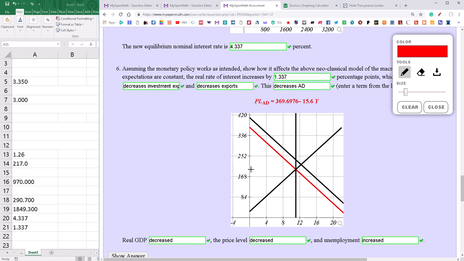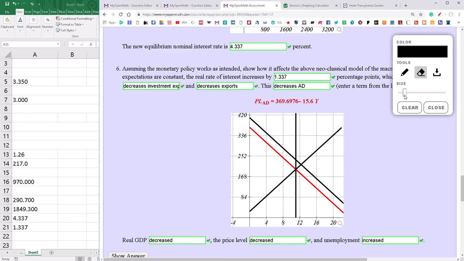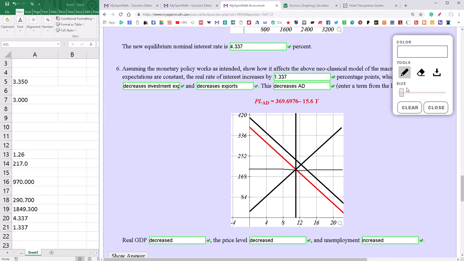So, let me change it to black. So if this were a Keynesian question, what would happen instead is that instead of short-run aggregate supply being a vertical line, short-run aggregate supply would be an upward sloping line, or flat.